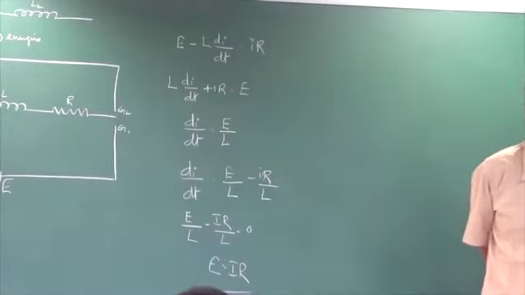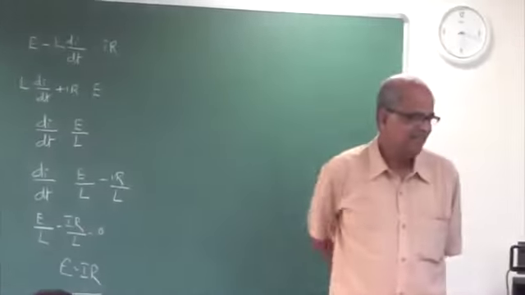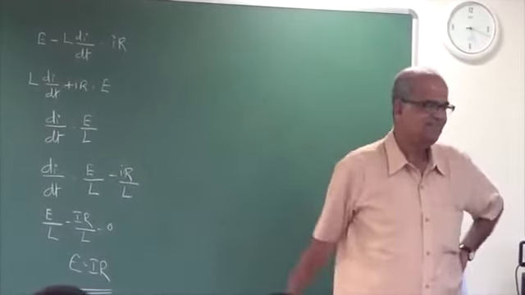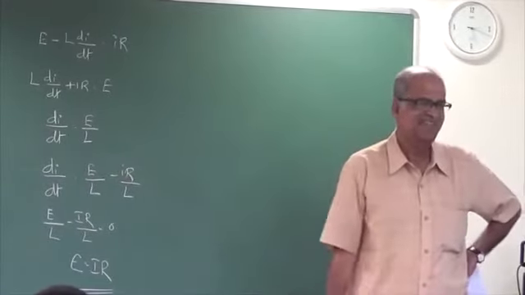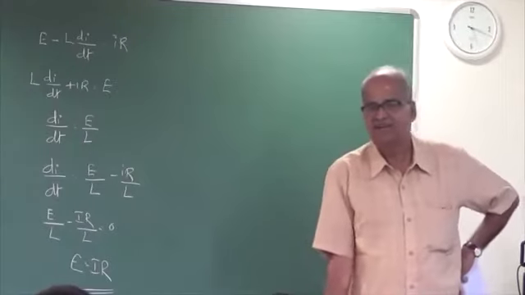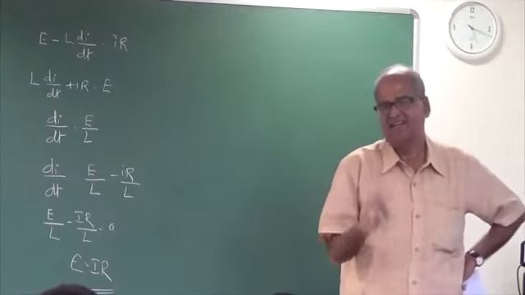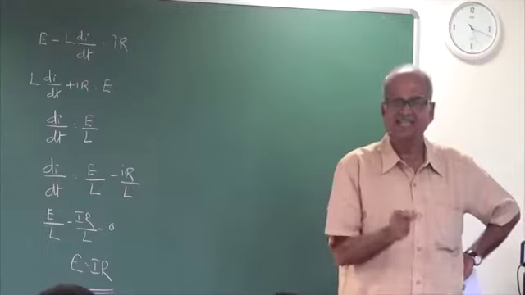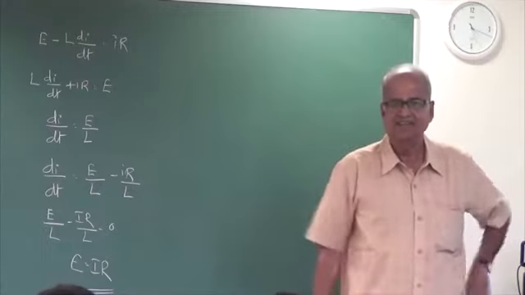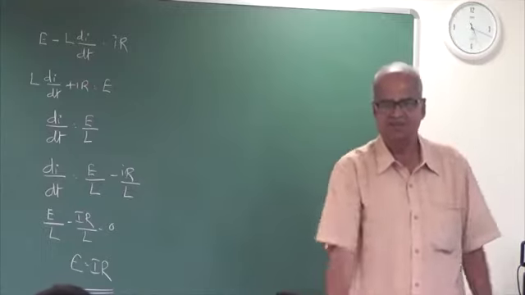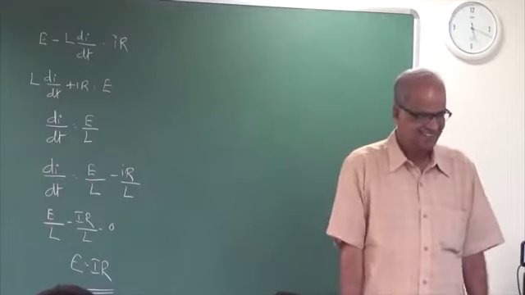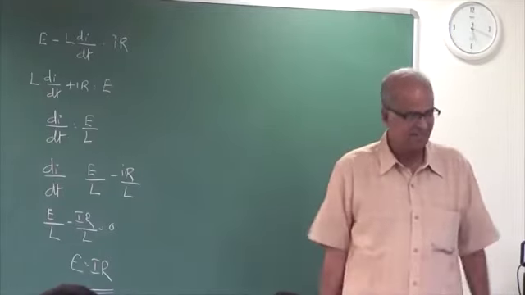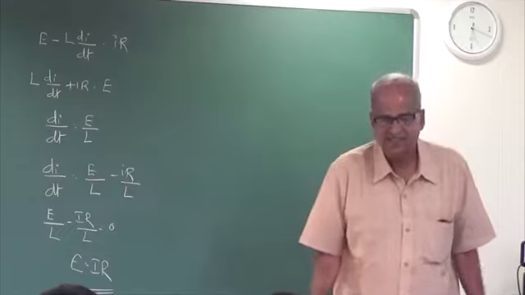The inductor plays no role. It is simply a piece of wire with 0 resistance. So one way of looking at the behavior of an inductor is that at t equal to 0, when you close the key, it offers infinite opposition, isn't it? After a sufficiently long time, it offers 0 opposition.